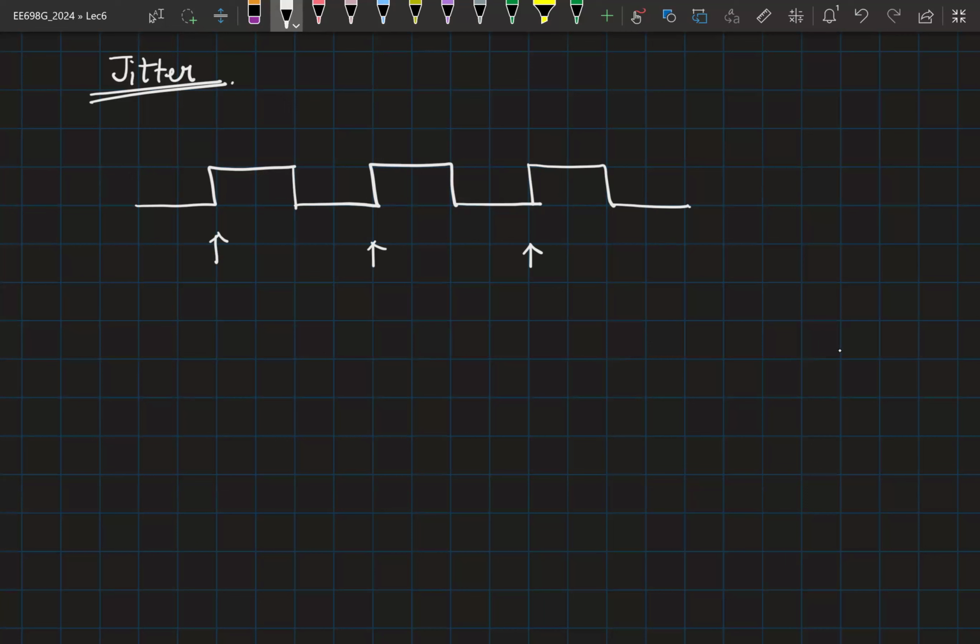Now, if there is jitter present in the system, these edges are going to shift around the ideal position by a small amount. So instead of having a rising edge here, it might rise here, or it might have a delayed rise. Similarly, it's possible that the second edge is occurring a little late. Maybe the third edge is occurring a little early, etc.